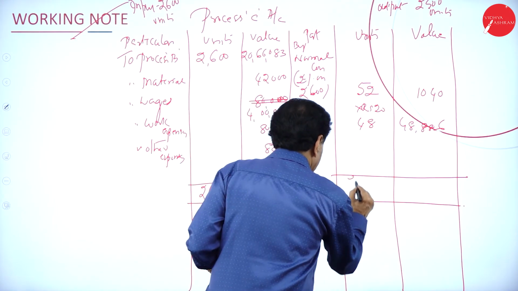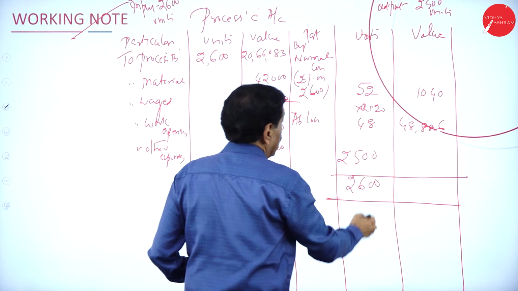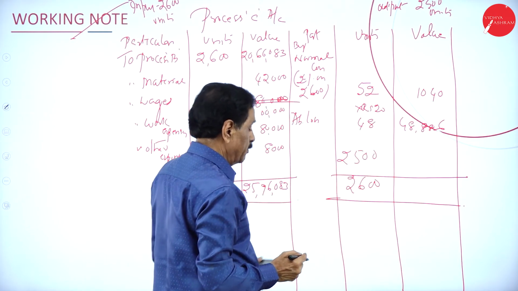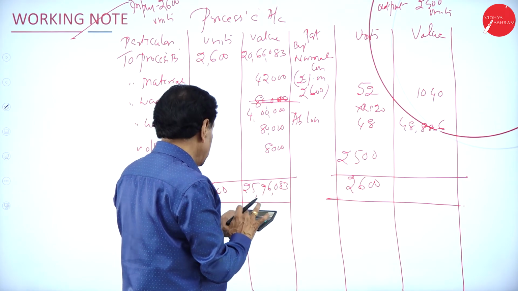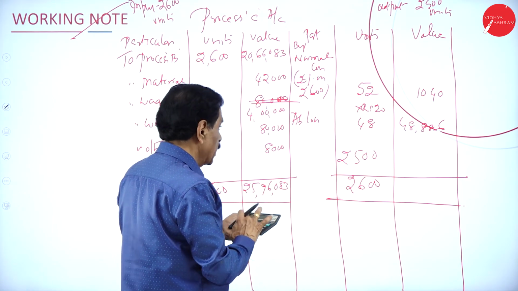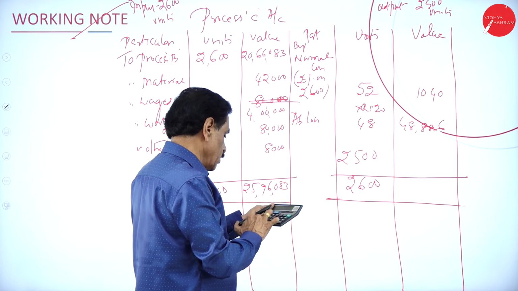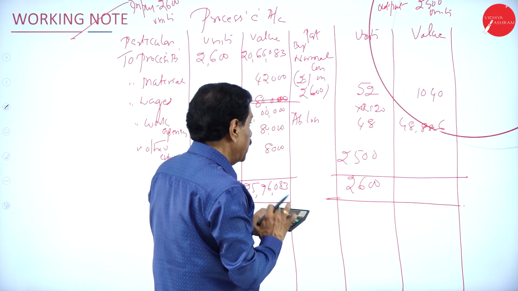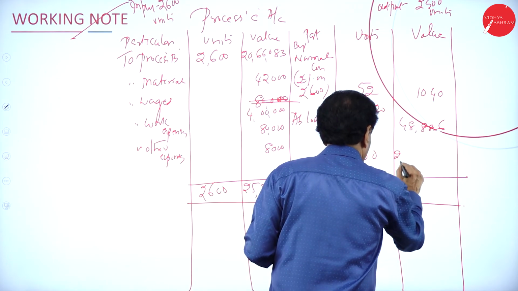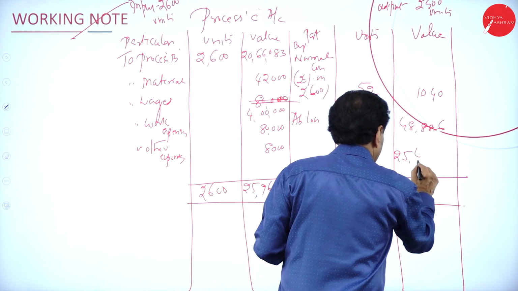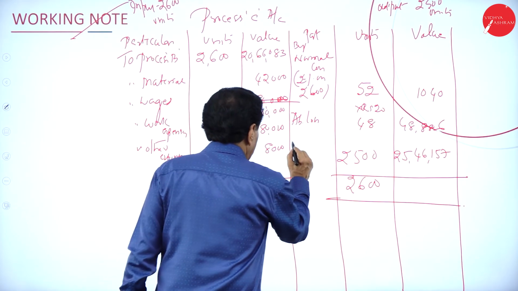Now bring out the difference. Here 2,600. 2,500 units has to come. Deduct 25 lakh 96,083 minus 1040 minus 48,886. 25 lakh 46,157 by finished product.